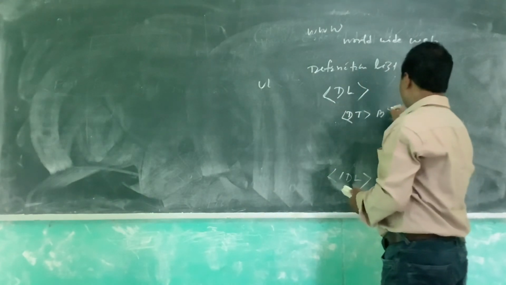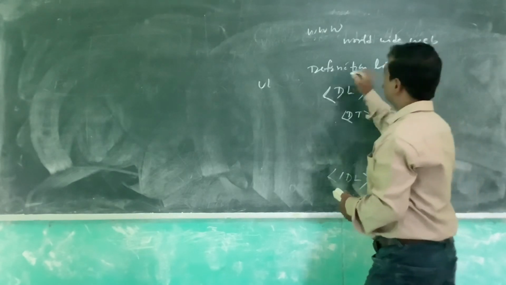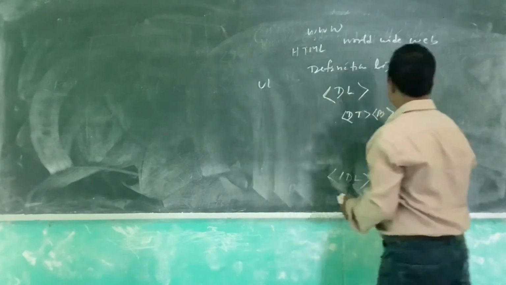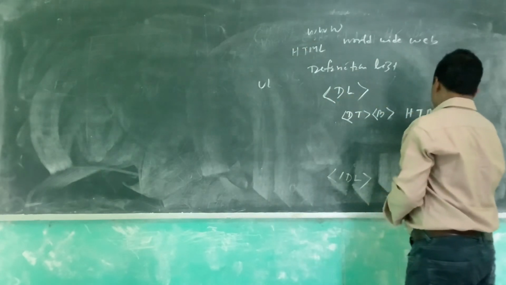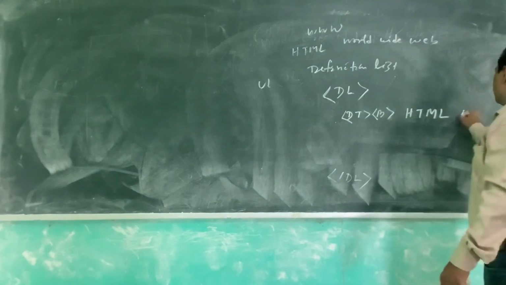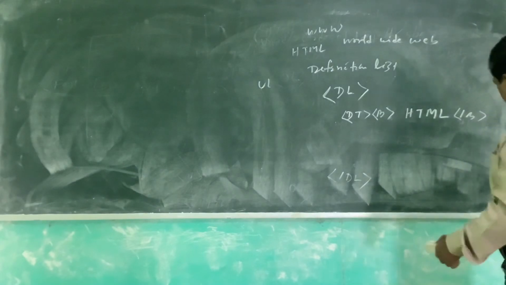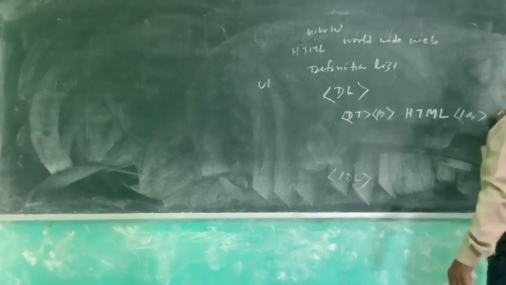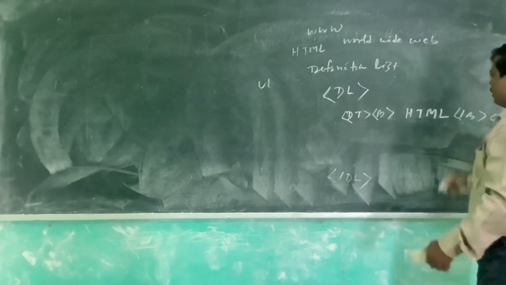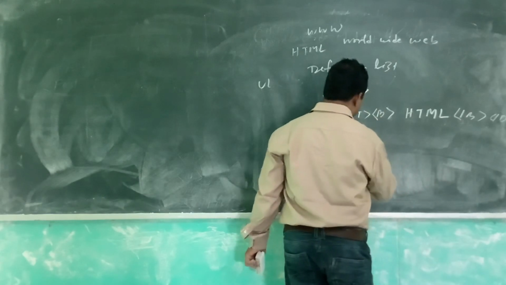Suppose I am using the bold tag to show HTML in bold. So write down the term, B HTML slash B, slash DT. Then define it with DD.